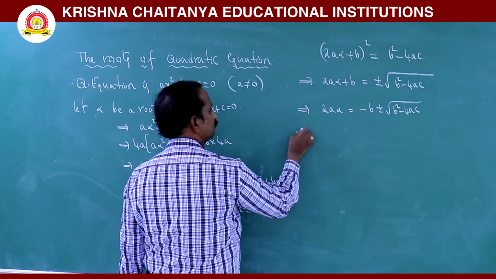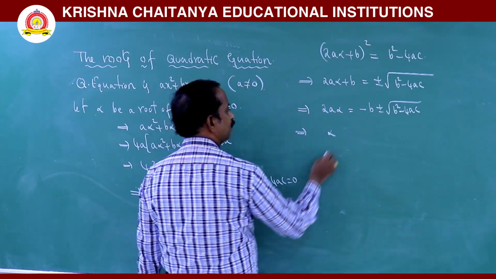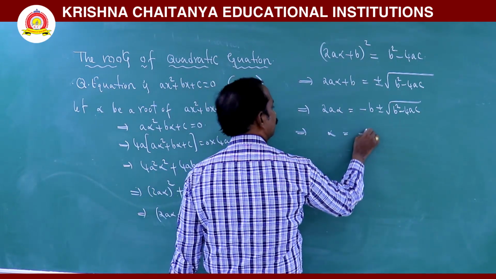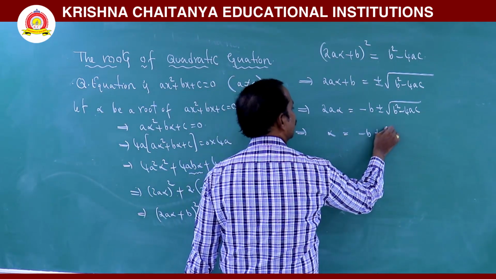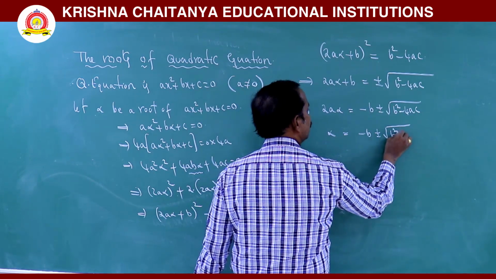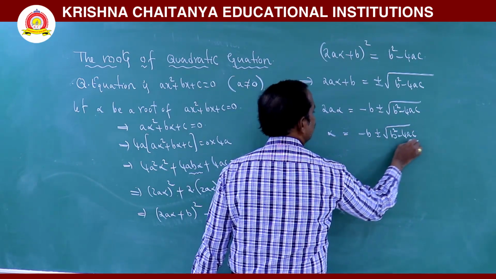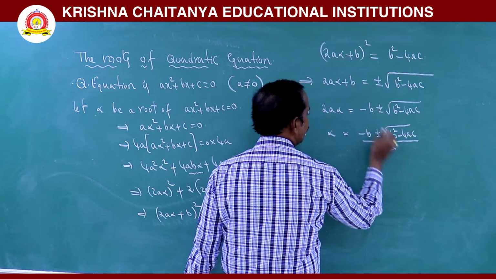Now from this, the value of alpha is nothing but minus b plus or minus root of b square minus 4ac divided by 2a.